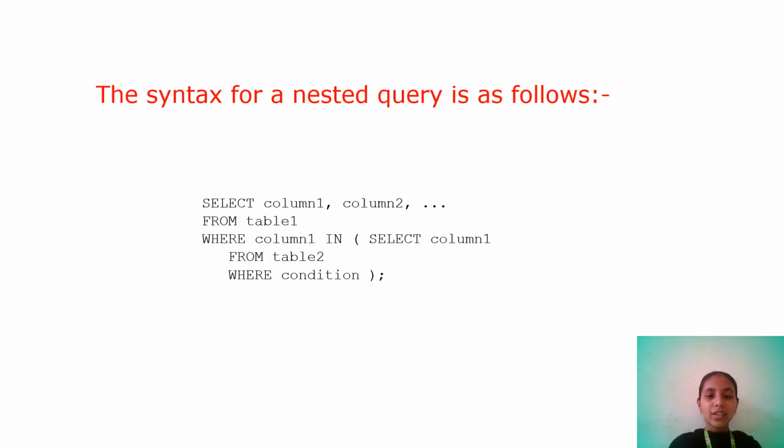Here, the syntax for the nested query is as follows: select column 1, column 2 from table 1 where column 1 in select column 1 from table 2 where condition.